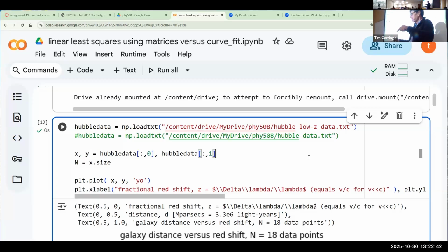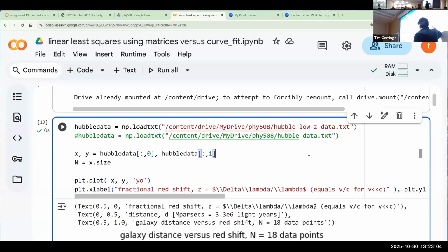The fractional redshift times C is the recession velocity. These are galaxies with low recession velocities because they're nearby, the ones that could be seen with Cepheid variables.